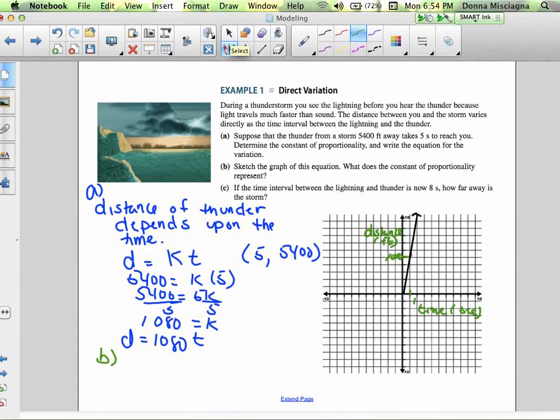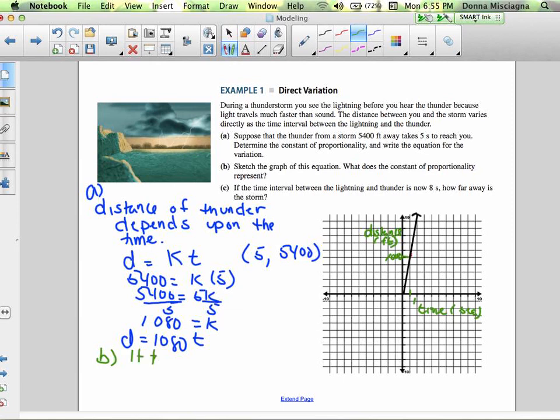All right, so what does that constant of proportionality mean? Notice that on the x-axis is time. So notice 1 second. It takes 1 second for the sound to reach your ear if the storm is 1,080 feet away. So we can explain it like that.